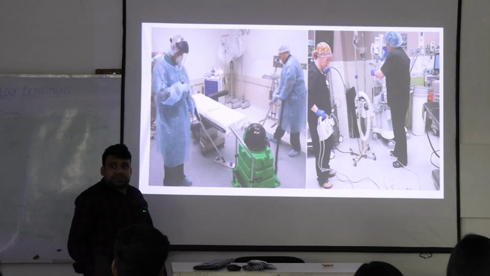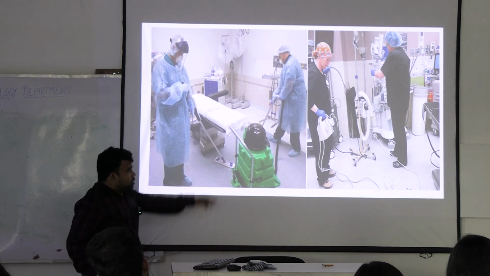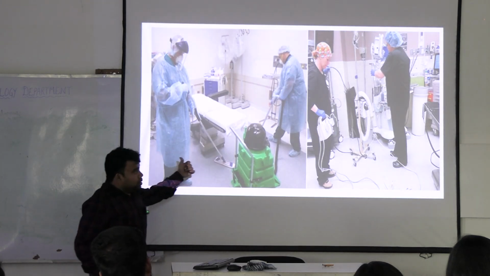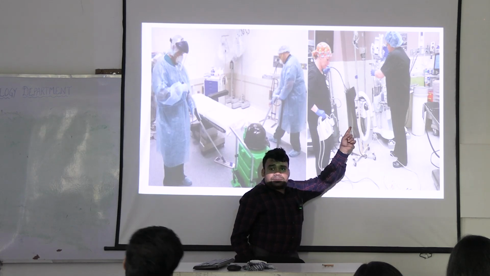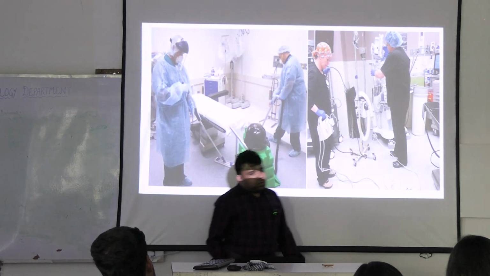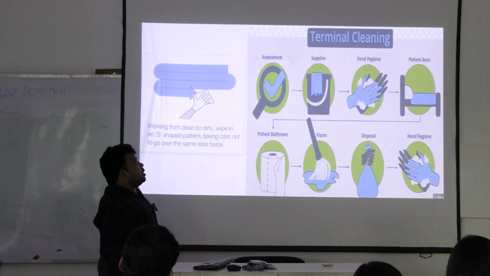Now look at this picture. Where we are dealing with large surfaces, we can use machines or manually, but for other things like these instruments, we need to do manual cleaning. This is for surface disinfection.